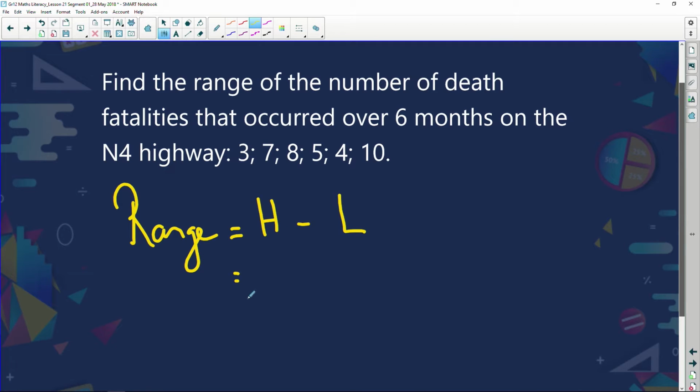What's my highest value there, folks? Well, let's have a look. I've got a 3, a 7, an 8, a 5, a 4, a 10. So 10 would be my highest, and my lowest would be the number 3. And 10 minus 3 we know is 7. And that's all I'm going to do about range, because you know that already.